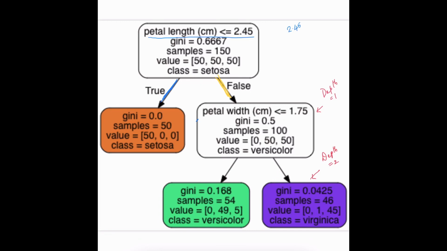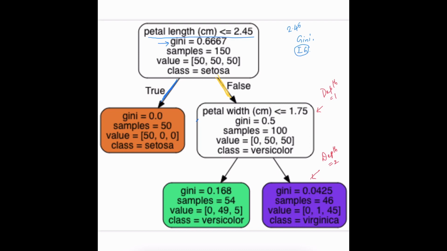Now, let's look at other things that are there in this box. The first one is Gini. Now, Gini is a measure that is used to find a node to split on. It is very similar to information gain.